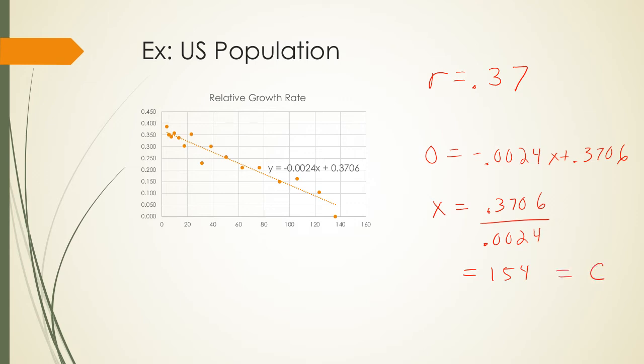This is the carrying capacity C. That is, the logistic model predicts a carrying capacity of 154, or a maximum population of 154 million people in the U.S. Of course, we know that the U.S. population is well above this. This logistic model is a good fit for the data through 1950, but then starts to badly underestimate the population.